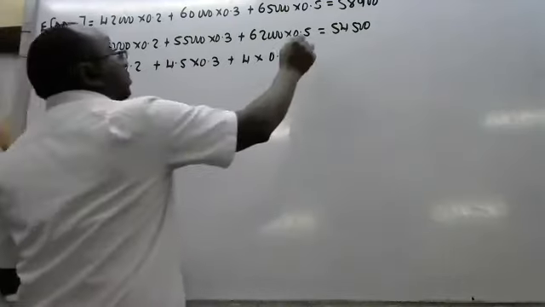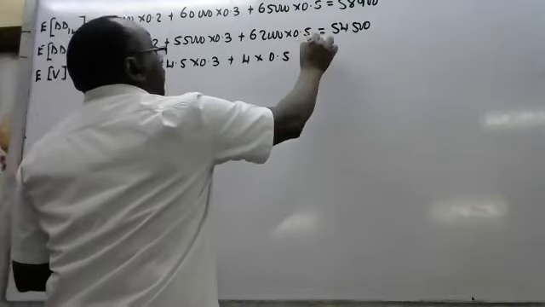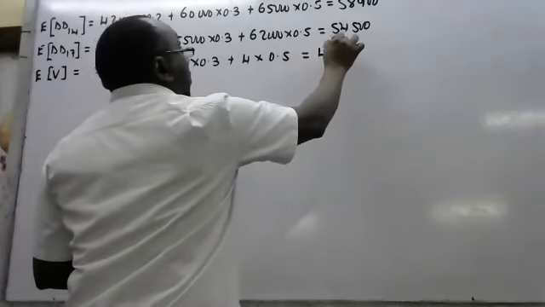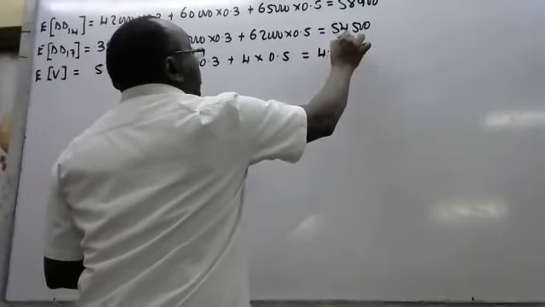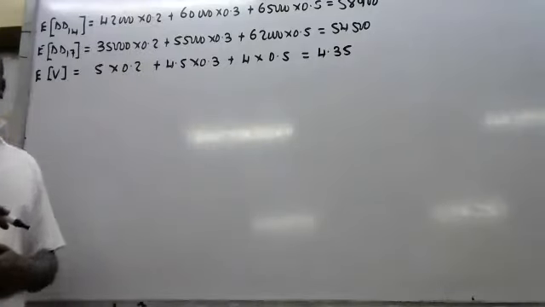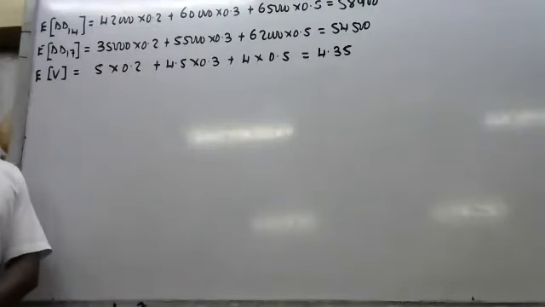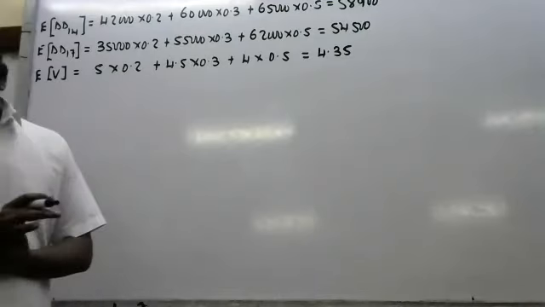That gives 4.35. So that is the variable cost per unit. Now we look for the fixed costs.